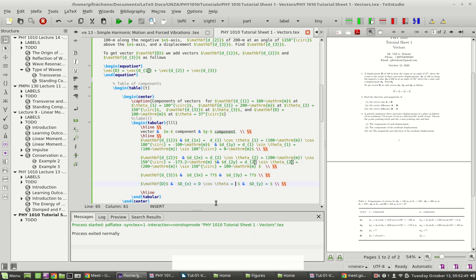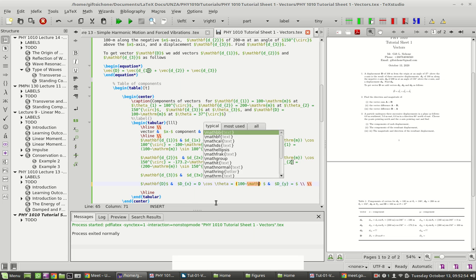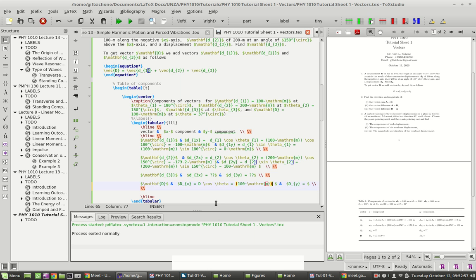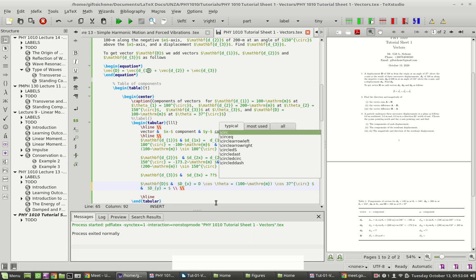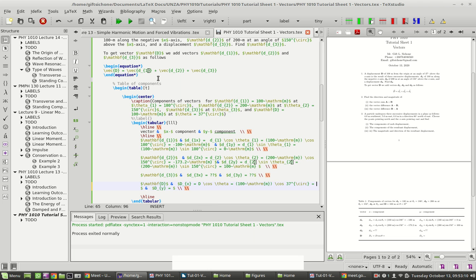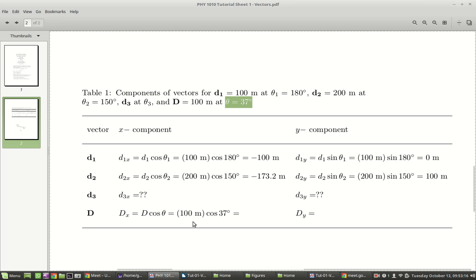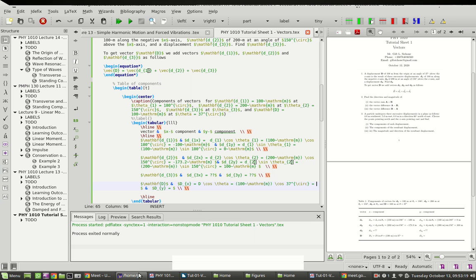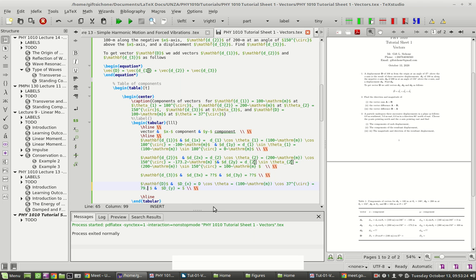Then how much is D? 100 meters. Then cos, how much is the angle? 37 degrees. So how much is that? 100 meters times cos 37 degrees? 79.86 meters.